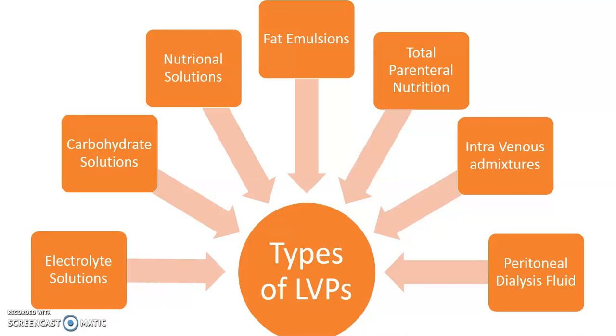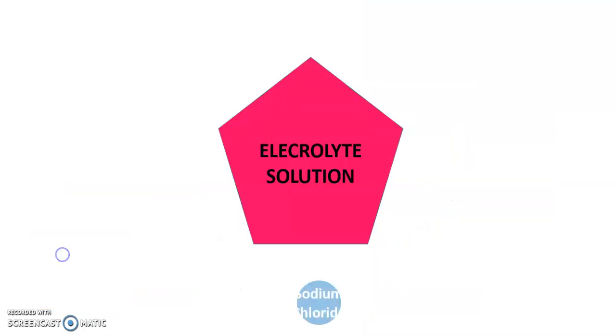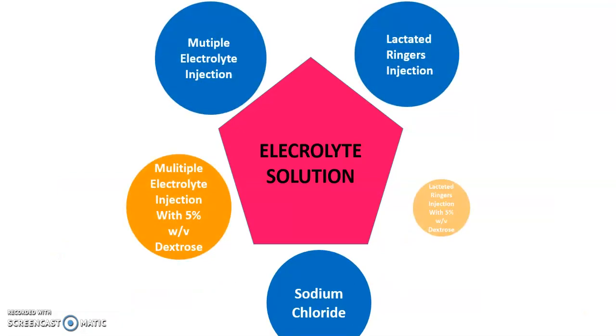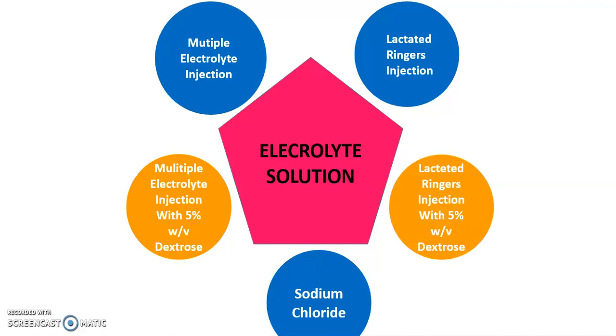Let us discuss the first one, the electrolyte solution. Electrolyte solution is administered during diarrhea and vomiting, and these conditions can be corrected by administering it. This electrolyte solution can maintain the balance between the extracellular fluid and the electrolyte loss.